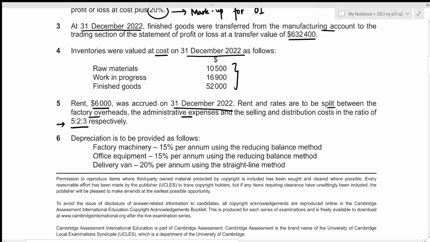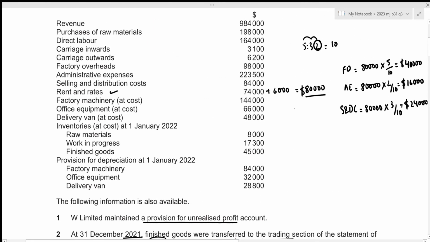Then we're also given information regarding depreciation. So depreciation is to be provided as follows. So for factory machinery, that is to be 15% per annum using the reducing balance method. So let's figure it out. So start with factory machinery. And that's 15%. And the basis is our reducing balance method, which means that we first need to figure out our net book value.